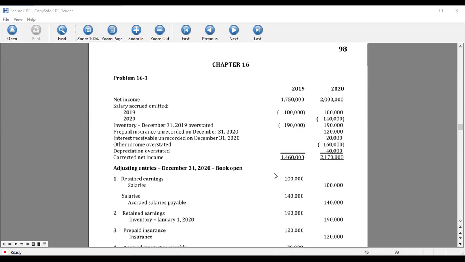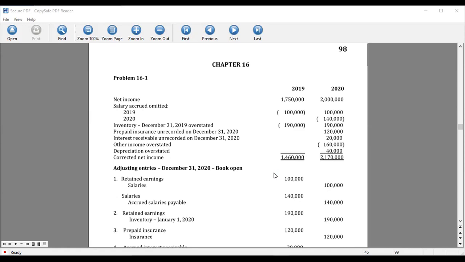Now, actually, it was salary accrued. It was not recorded. So, in other words, if in 2019 it was not recorded, salaries total was understated. If salary total was understated, in other words, the net income was overstated.